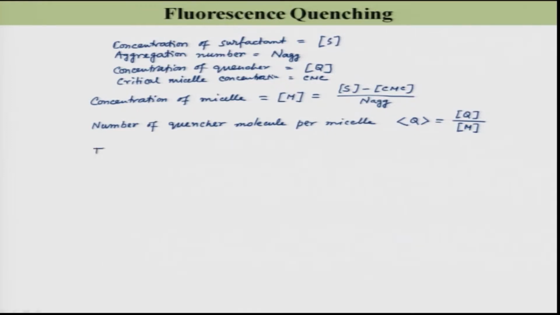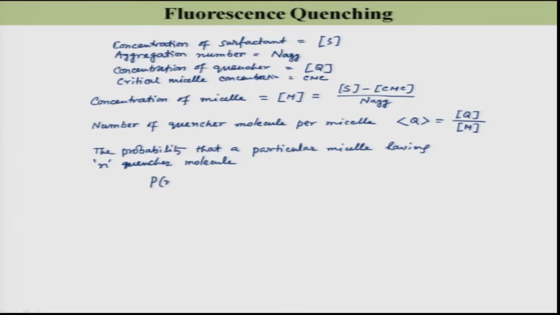So, let me write the probability that a particular micelle having, the same way earlier I have done, N quencher molecules, using my Poisson distribution I can write P n equals average Q to the power n by factorial n, e to the power minus average Q, right.